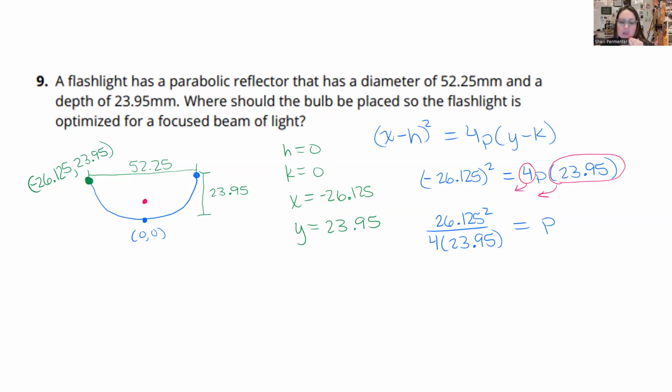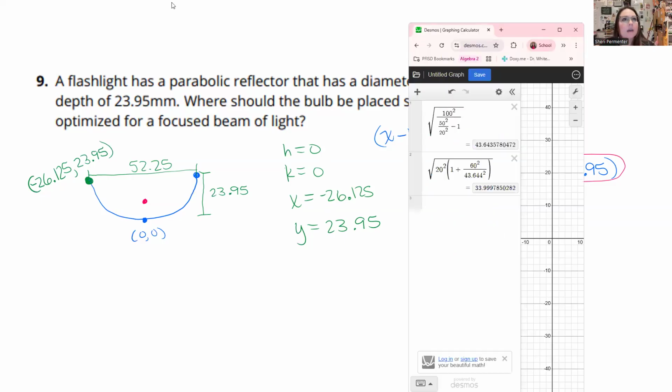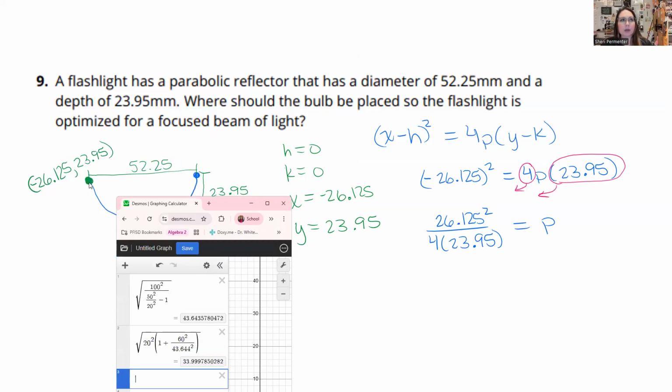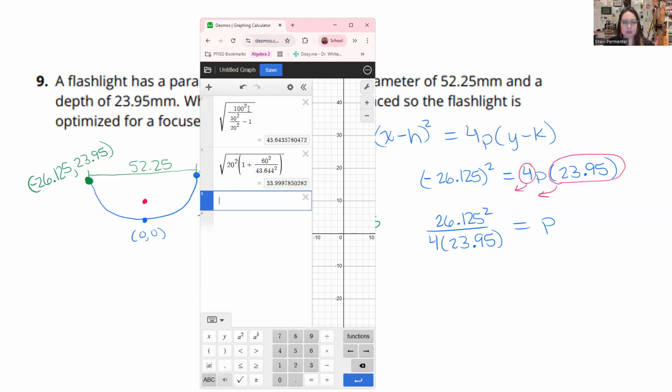I'm going to use Desmos because it's awesome. And I'm going to type it in just the way that I see it. Again, it makes no difference if I use this point or this point. When we square whatever our x value is, it's going to change it to a positive.